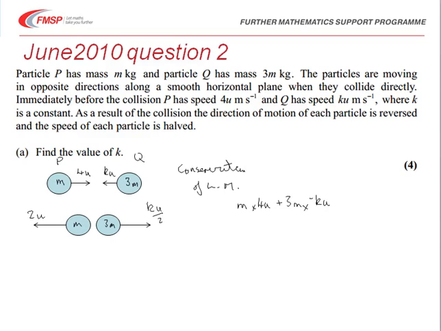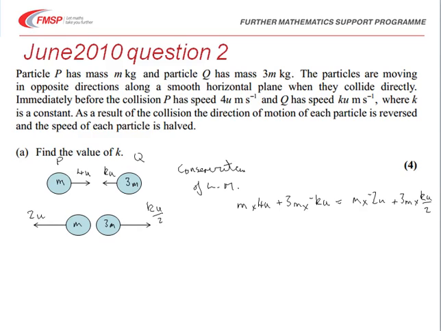So that's before the impact, so the velocity there is in the opposite direction. After the impact, then we have the mass, which is m, now moving with a velocity of minus 2u because its direction has changed, and 3m multiplied by a velocity of ku divided by 2.